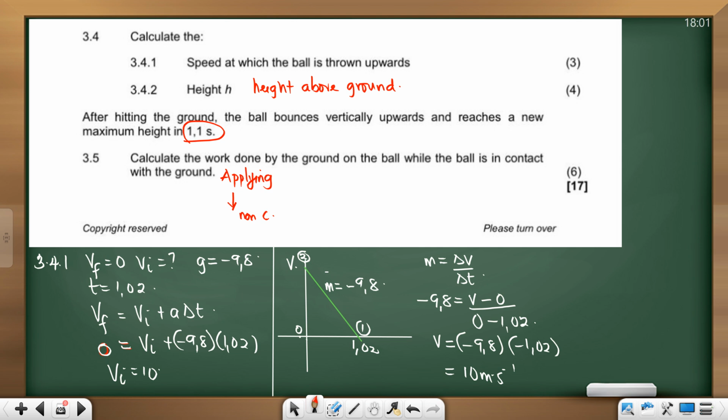Okay, it's my bad, but no one corrected me. Reaches a new maximum height. I just read that as, now, some of us do this in the exam. We assume that we know what the examiner is saying. So you please learn from my mistakes. If you make the same mistake I made right now, then I'm better than you.